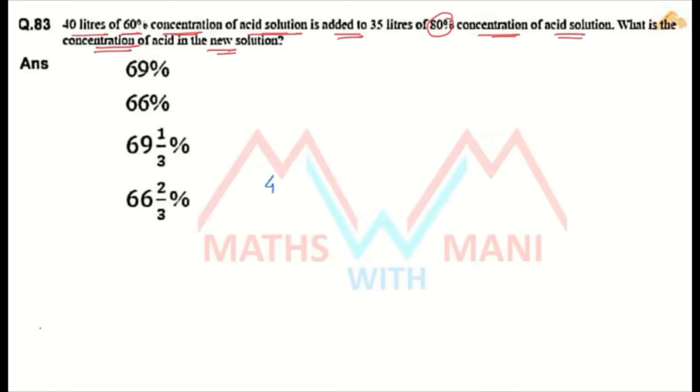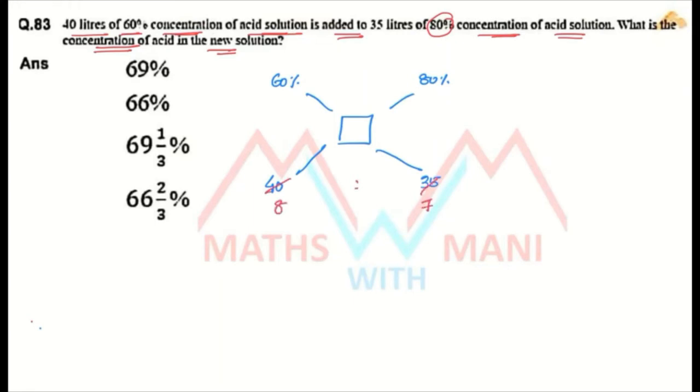So 40 liters has 60% concentration and 35 liters has 80% concentration. So what about the overall concentration? You have to find the mean or average concentration of the total solution. What about the ratio? 40 to 35, that is 8 is to 7.